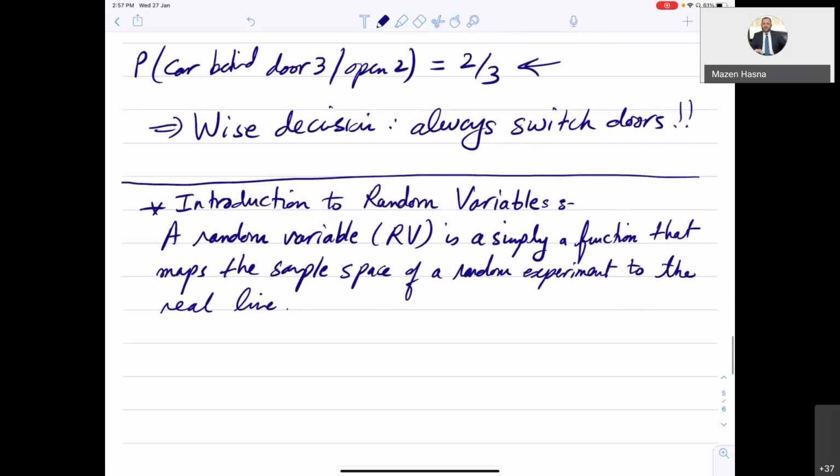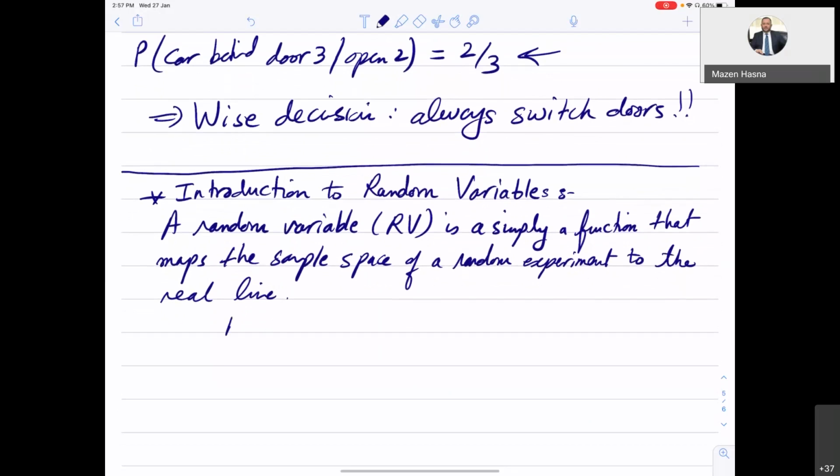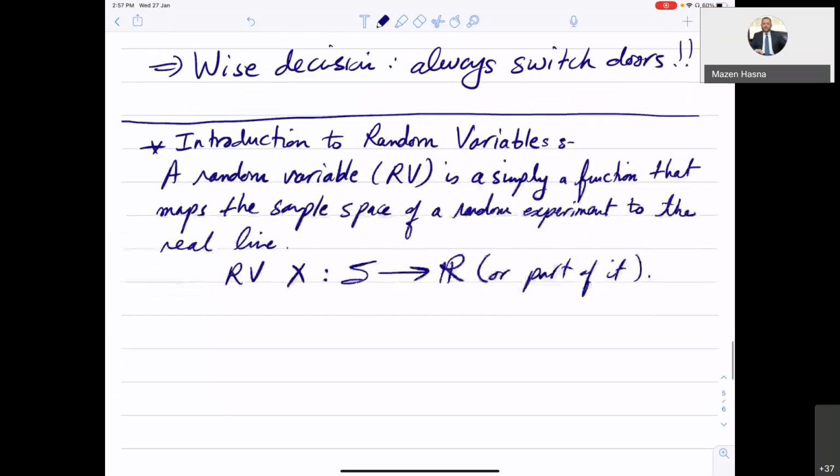So basically, a random variable X is just a function that maps S, the sample space, into R or part of it. Fine. So what does that mean?